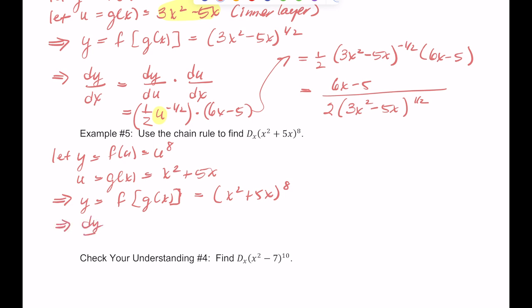Okay, so now I want to find the derivative of y with respect to x. That's the derivative of y with respect to u times the derivative of u with respect to x. The derivative of y with respect to u would just be 8u to the 7th, and then the derivative of u with respect to x would just be 2x plus 5.